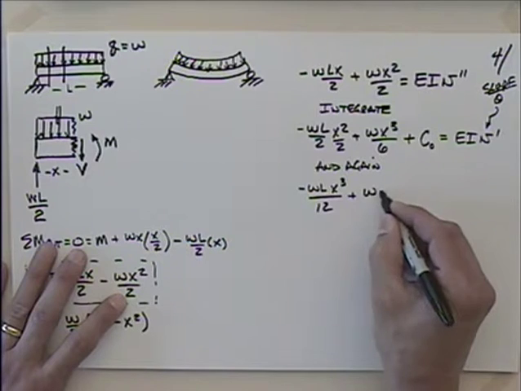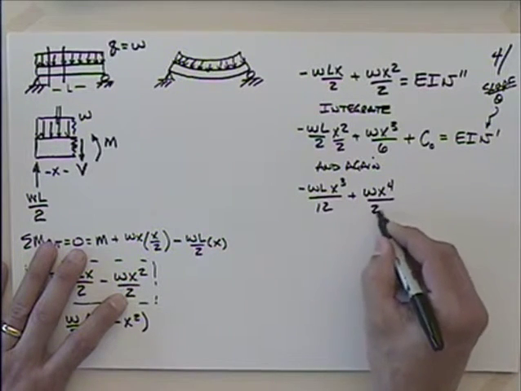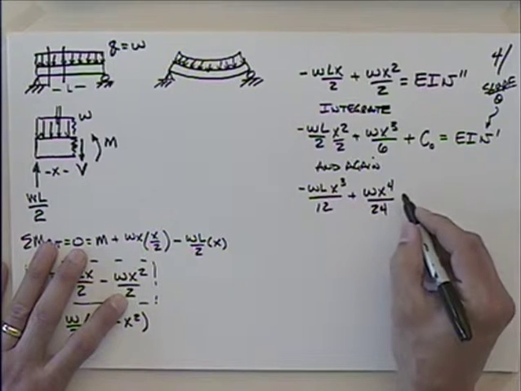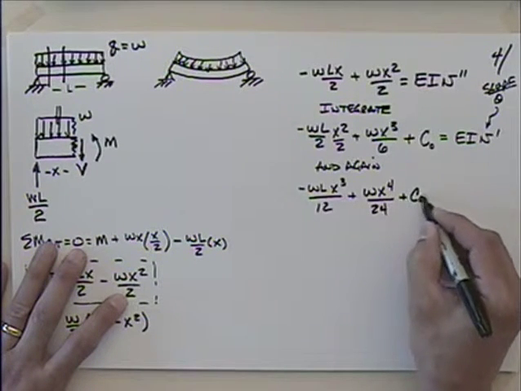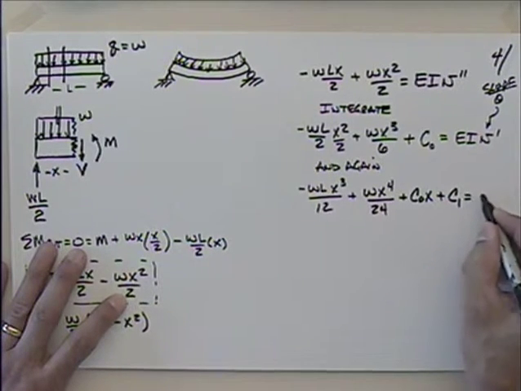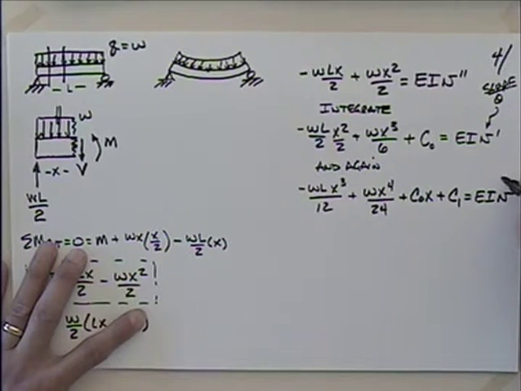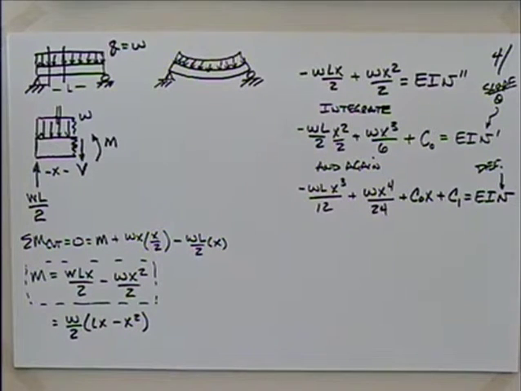Plus Wx to the 4th divided by 24, plus C naught x plus C1 is equal to EIv, where this is now the deflection. So I found the deflection, kind of.